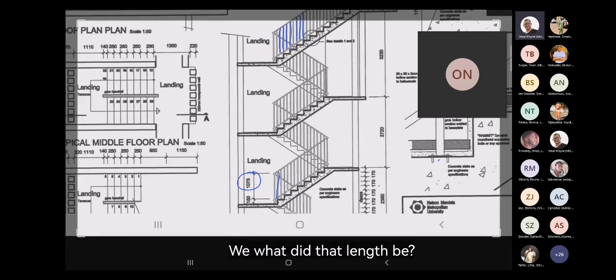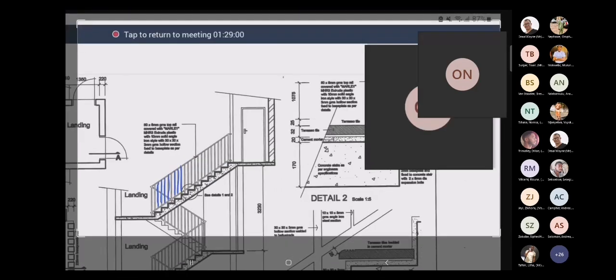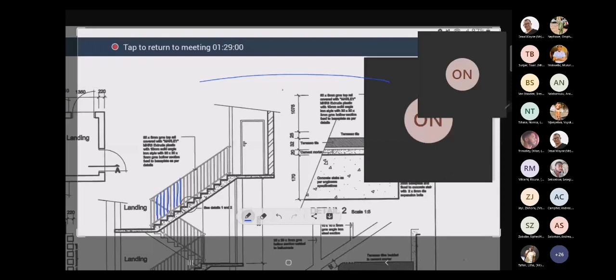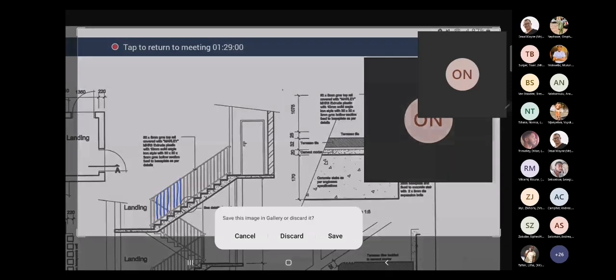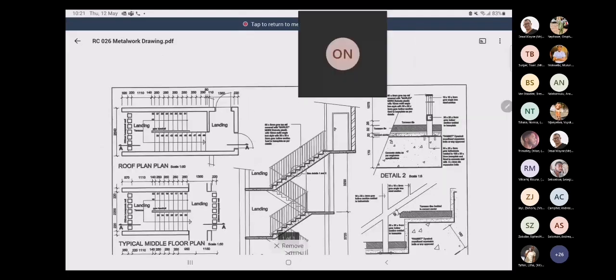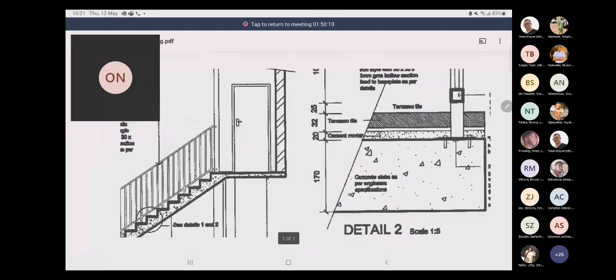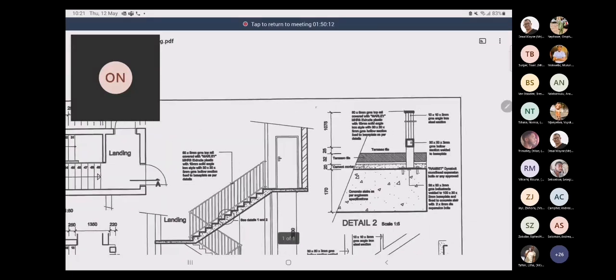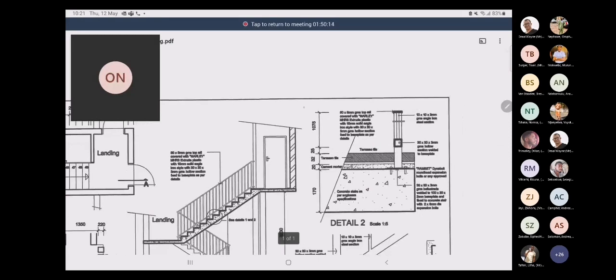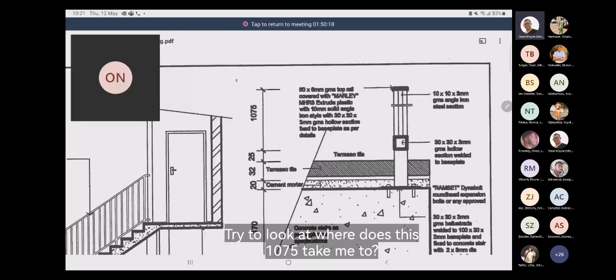What would that length be? If I have a look at where does this 1075 take me to?